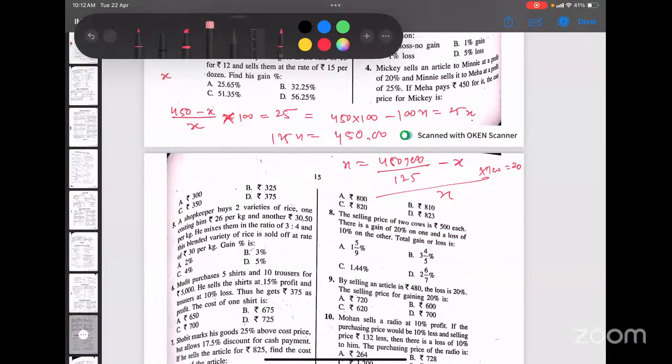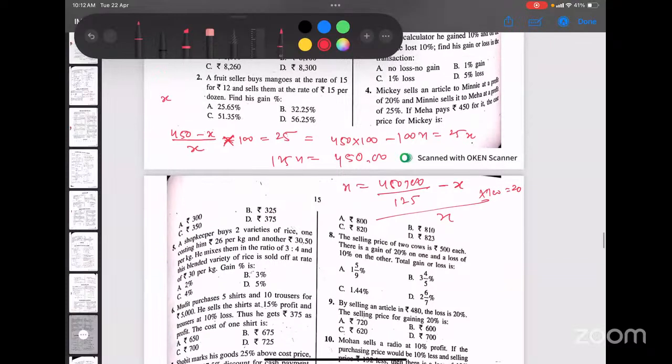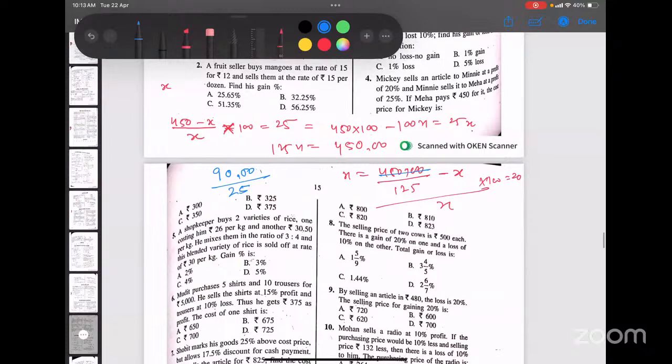If you solve it, first of all simplify this quantity. This is a bigger one. Divide it by 25, or let me divide it by 5, upon 25. Then again 5, divided by 5, again 5.